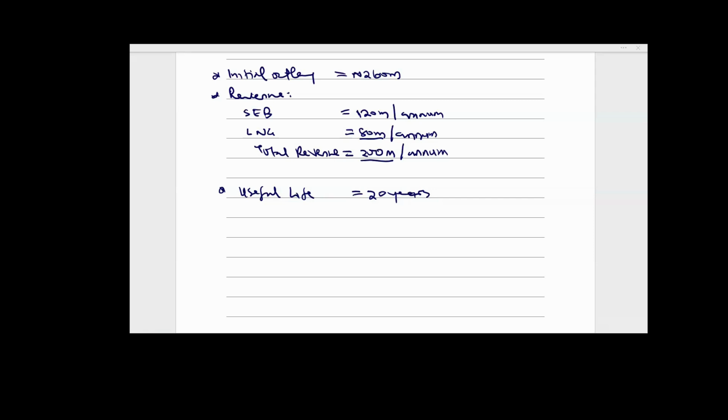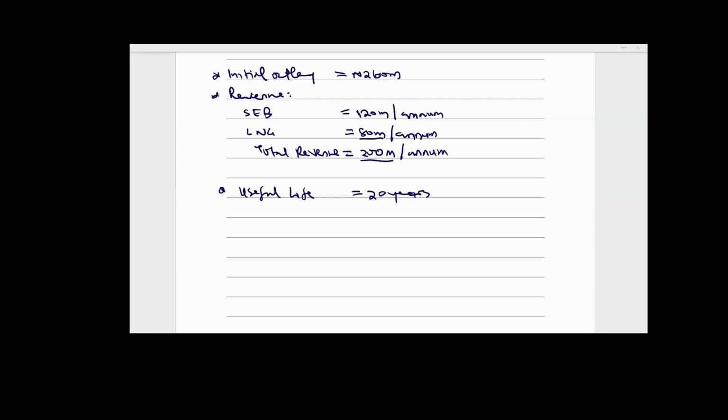Contribution what? Margin. Contribution margin ratio. Remember when you did cost volume profit analysis? Another name you can call profit volume ratio is contribution margin ratio. So the percentage of contribution to sales is the same thing as profit to sales ratio.